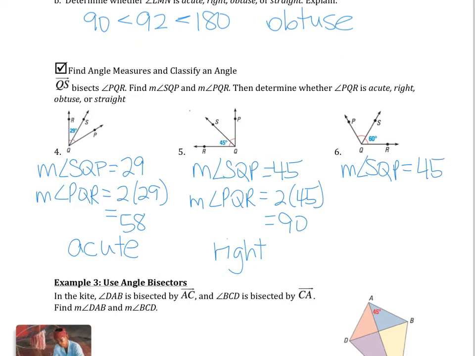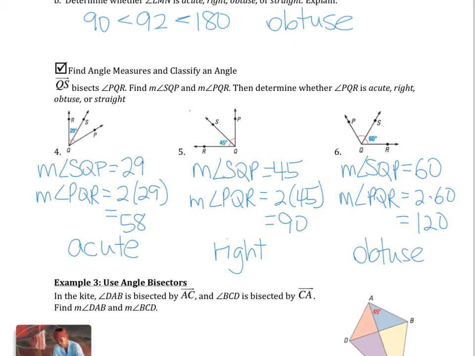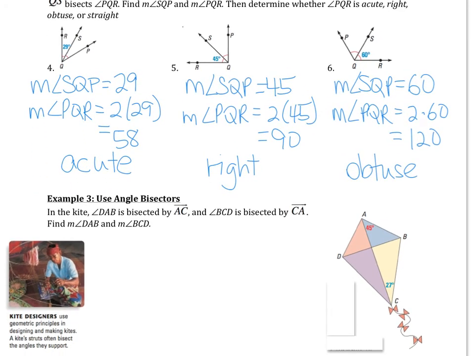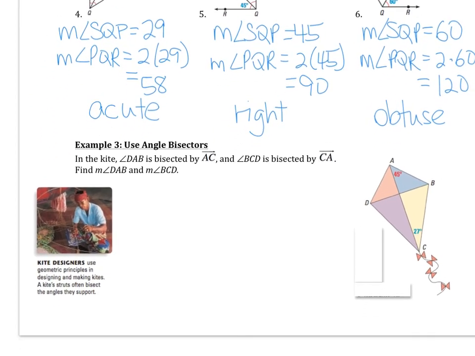So PQR is 2 times 45, which is 90, and that is right. And the last one, SQP is 60, PQR is 2 times 60, and that would make that obtuse.